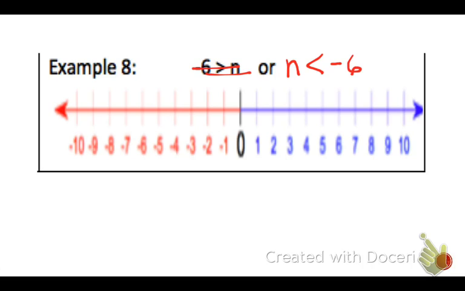So we're going to find negative 6 on the red side here. And what kind of circle is it? It's an open circle because it doesn't have that little equal part underneath. And then my arrow is going to go to the left. Okay.